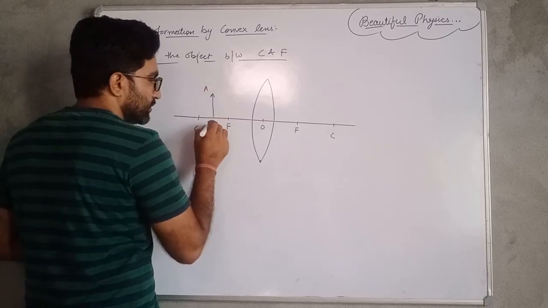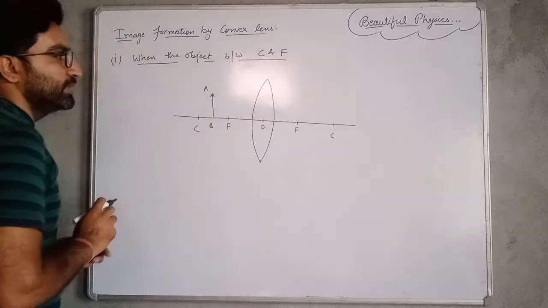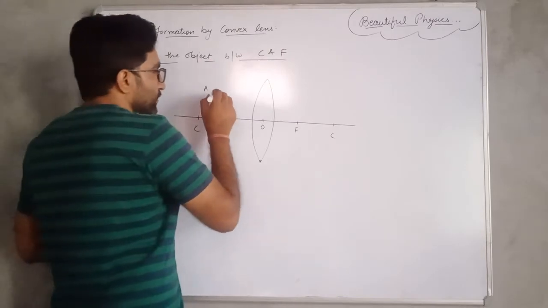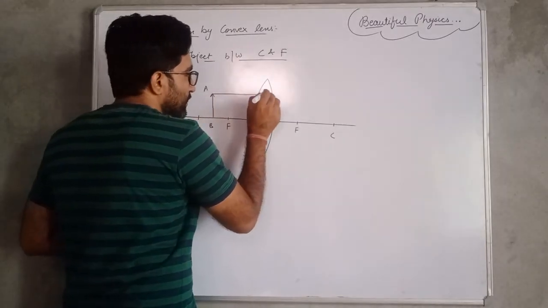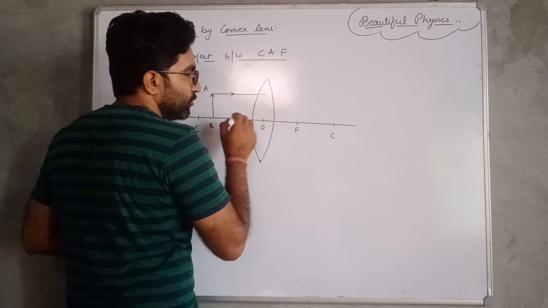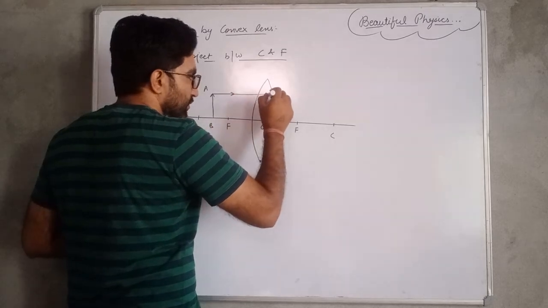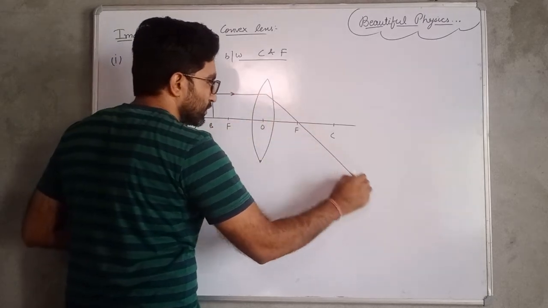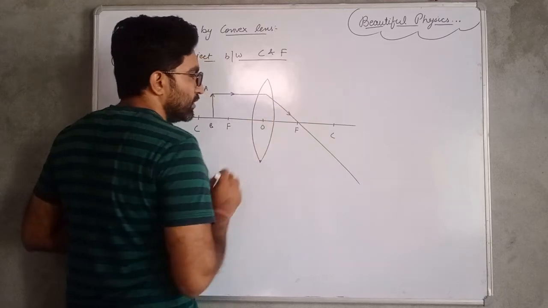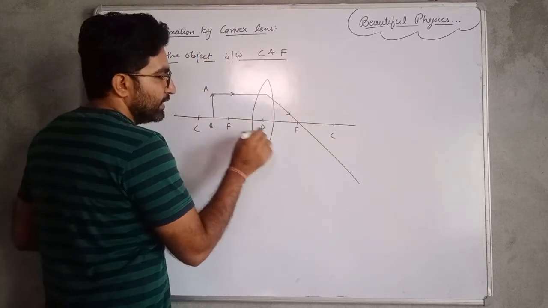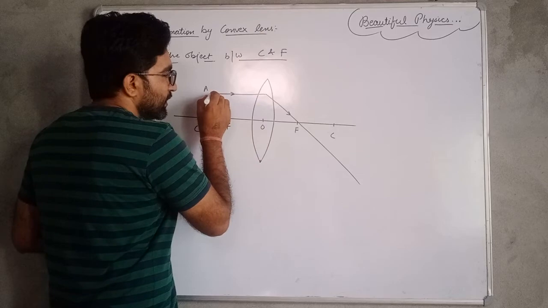So suppose AB is our object, then again first ray of light parallel to principal axis, and the rays coming parallel to principal axis, after refraction will pass through the focus.